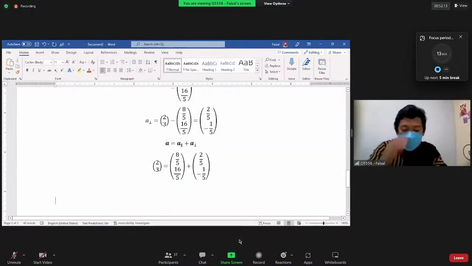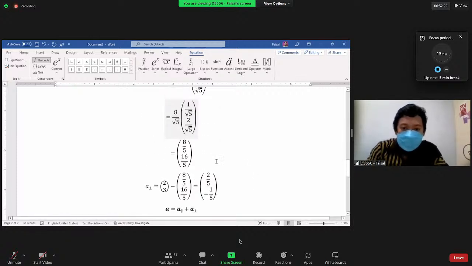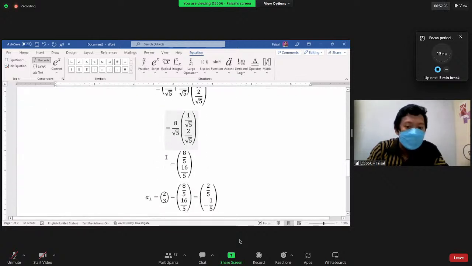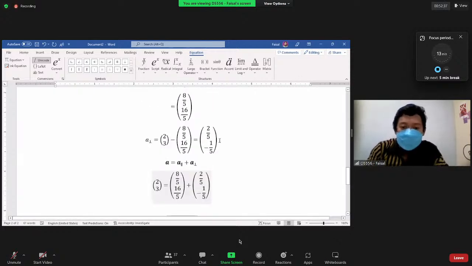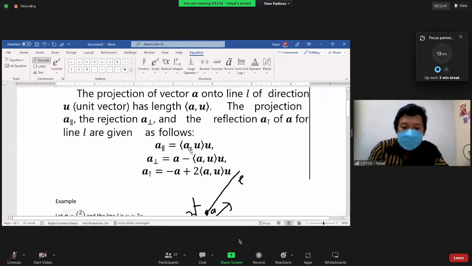From the illustration, we can see that the reflection is A plus the opposite of the rejection, plus the opposite of the rejection.